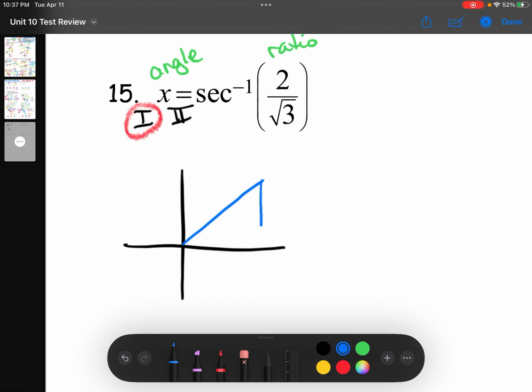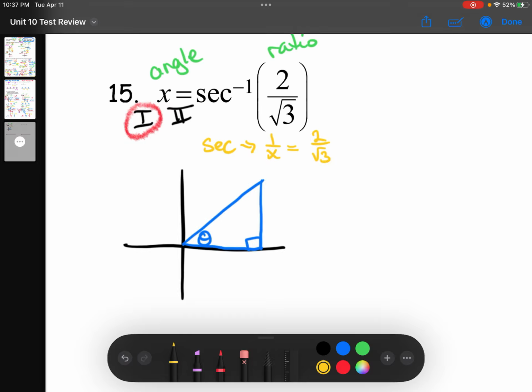Draw the angle into the quadrant, perpendicular to the x-axis, one leg on the x-axis, theta at the vertex at 0, 0. Secant is 1 over x, which would be 2 over square root 3.